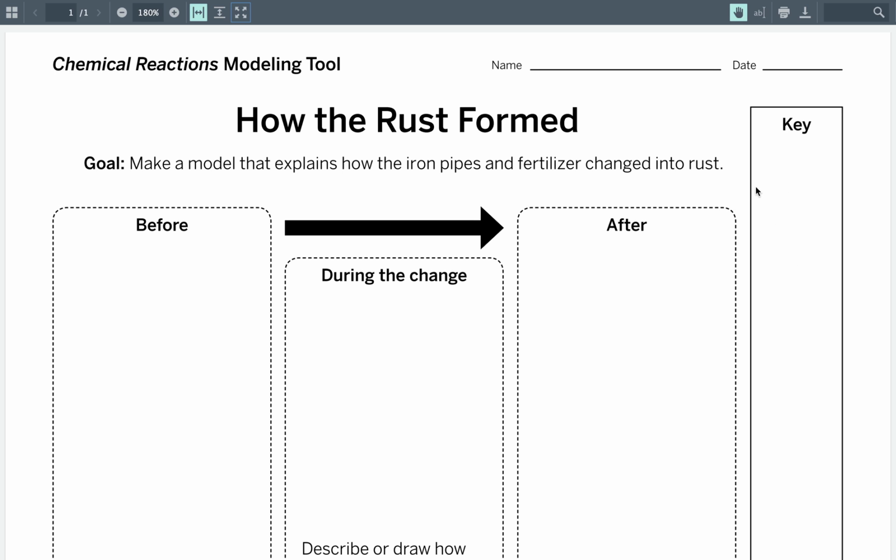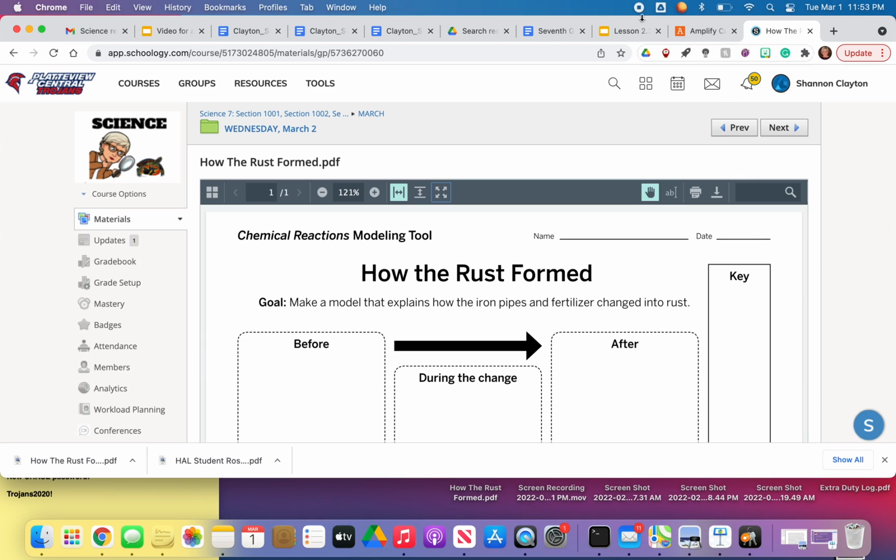Draw a yellow circle and label it iron. Draw a red circle, label that, and call that oxygen. Okay? Don't forget that you have to have the element symbol in those little circles too.